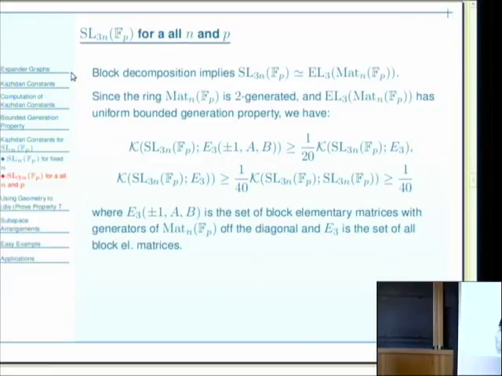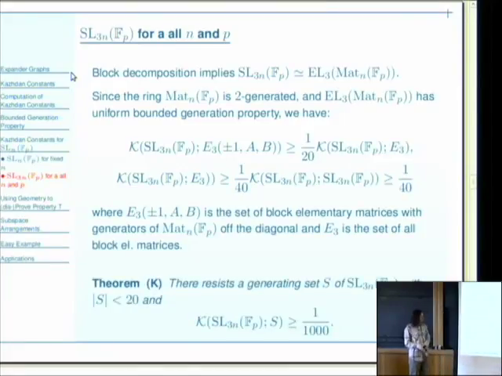And I can put all the block elementary matrices here. The next step is this block uniform bounded generation. Again, the same inequality. You combine them, and you get some generating set, which is essentially this one. And the Kazhdan constant is independent of n and of p.